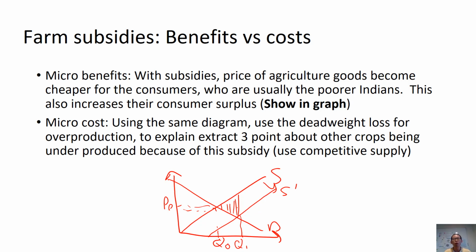So they will devote more of the land, more of the remaining FOPs into producing those subsidized agriculture goods. But because of that, they end up producing less of other crops which are not being subsidized, because all crops use the limited FOP. So by producing more subsidized agriculture, I end up producing less of the crops that are not subsidized. So this is the concept of competitive supply.